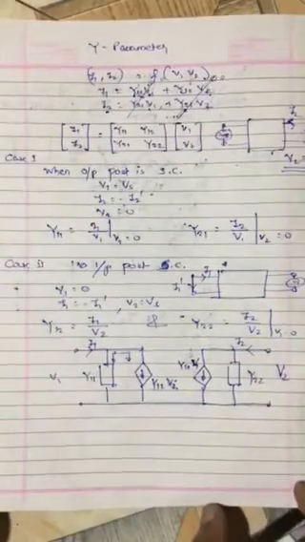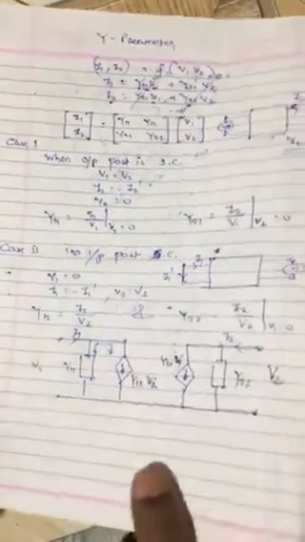Now let's move to the condition for reciprocity. What is the condition for reciprocity? The ratio of voltage and current should be same if you exchange the excitation and response side. Okay, we have studied it.